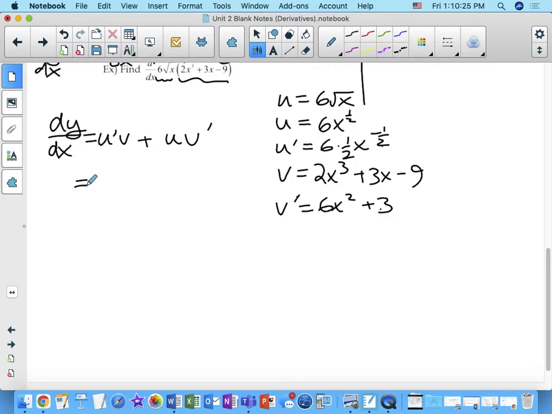Oh, and that, by the way, is 3x to the negative 1/2. Now, you could write that as 3 over the square root of x, right? And you might do that at first, because you guys are a little bit inexperienced. But what you're going to see eventually is that I have to multiply that by v, so I'm going to have to use exponent laws anyway.